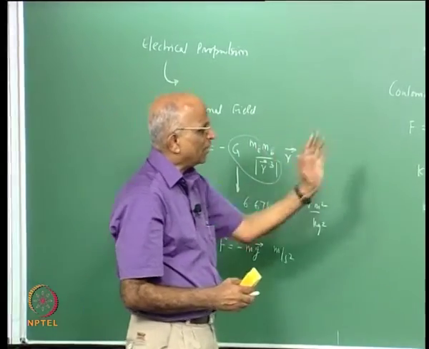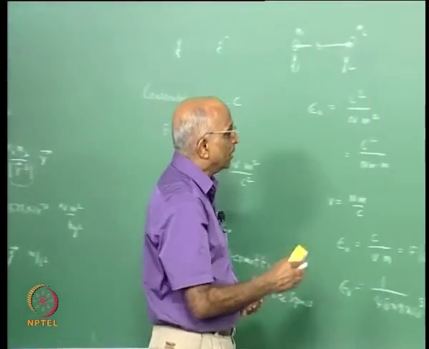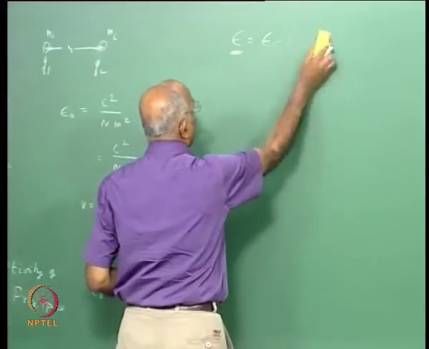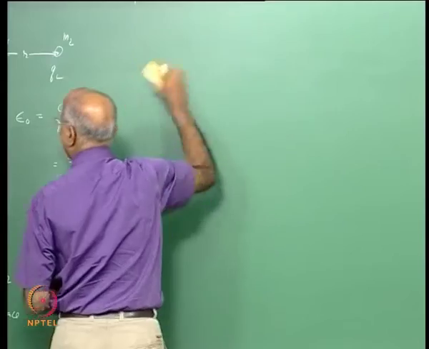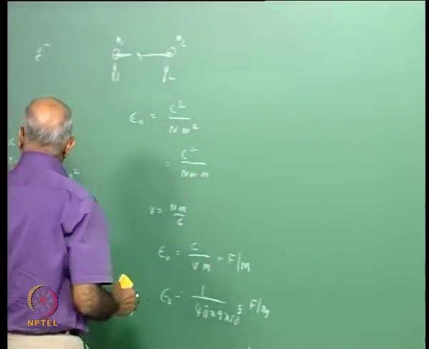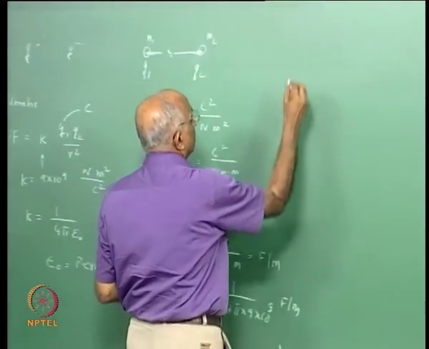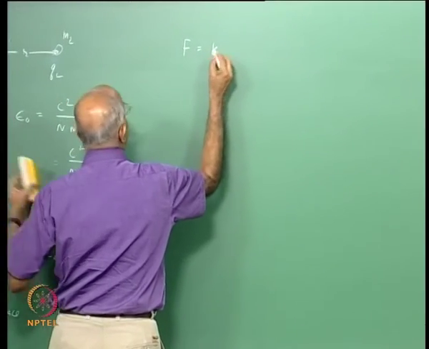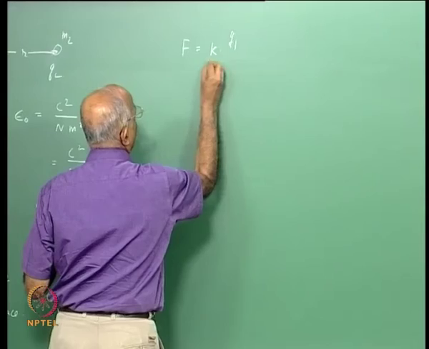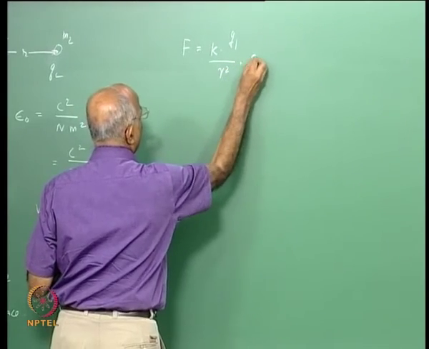Well, this is one side of the story. Let us now try to still see whether I can get something as a field. What is it we say? Force is equal to, again we keep this as k into q1 by r square into q2.